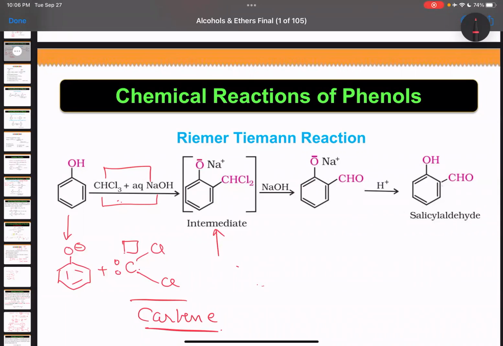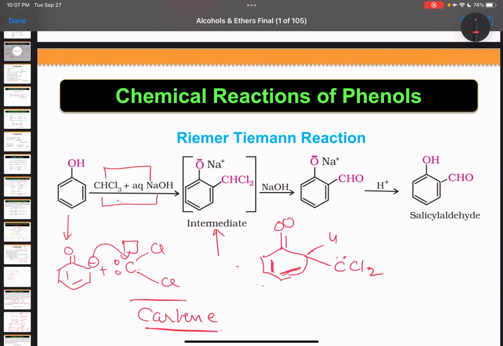That's the main problem. So phenoxide has a negative charge on the ortho and para positions. The ortho positions are 2 and the para is 1. So this will get attached, and you will have a minus charge. There was an H plus which was not shown earlier; now I am showing it because I am going to use it. So this is the intermediate, and it wants to regain its aromatic character.